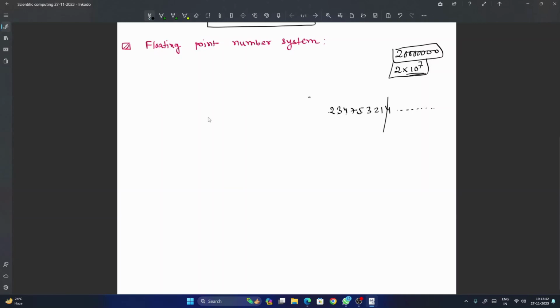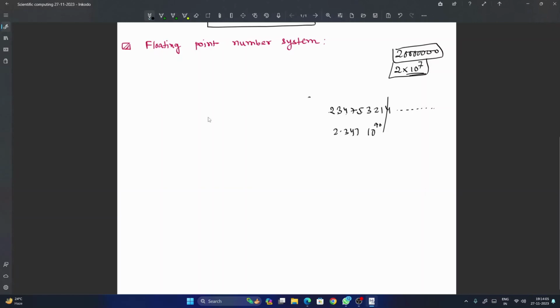So how will you predict how many digits there are, 90 or 80 or 70? Here the floating point number system helps you, at least approximately. It will give you 2.3475321 or some value, then e of some value, or 10 to the power of 90, in this format.